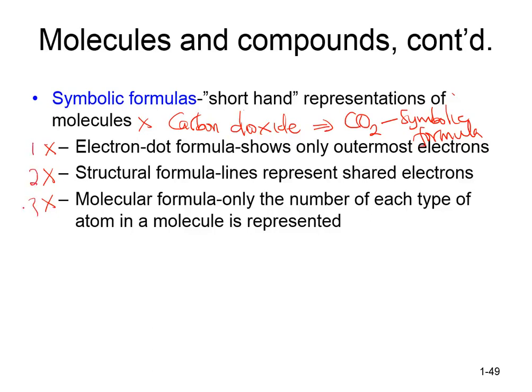So if they ask you to state the 3 types of symbolic formula, the first one is electron dot formula, write that down, then structural formula, and molecular formula. We will see what they mean on the next slide.